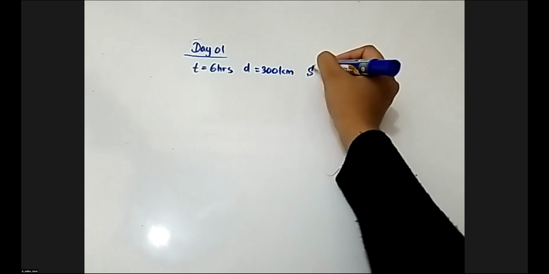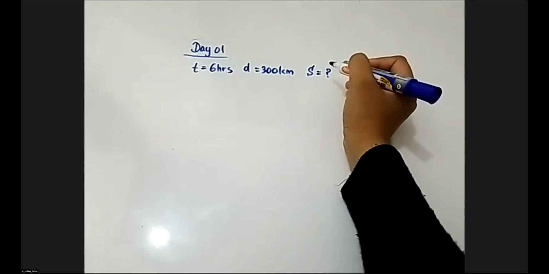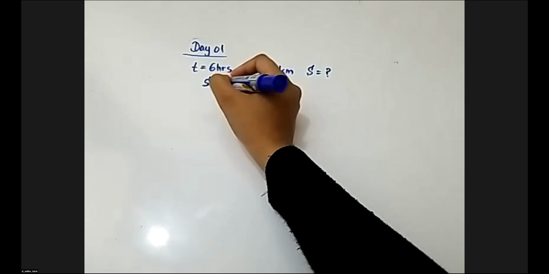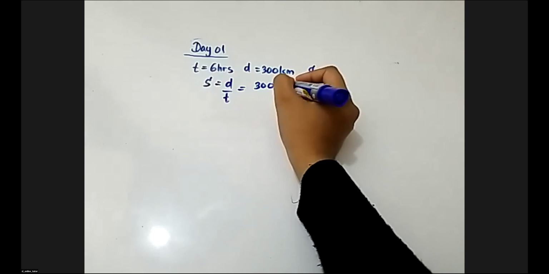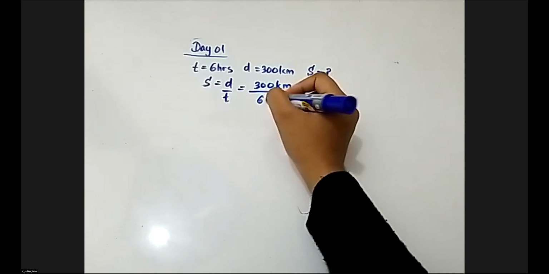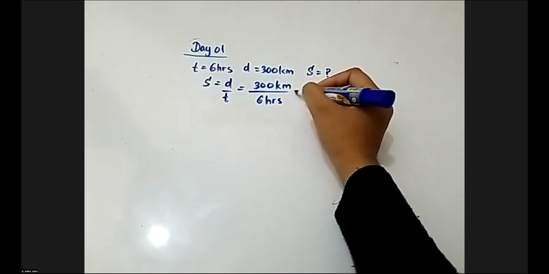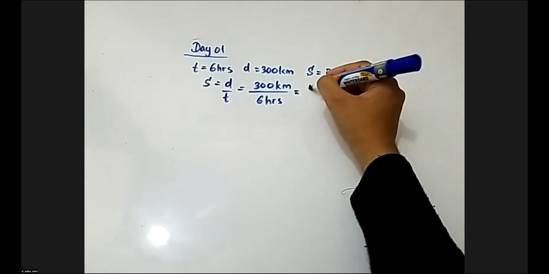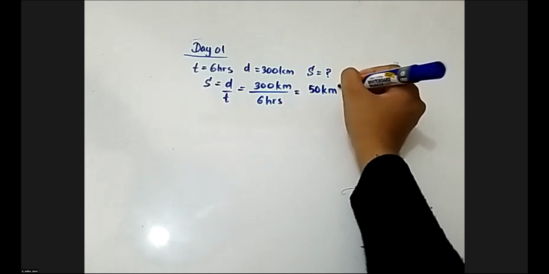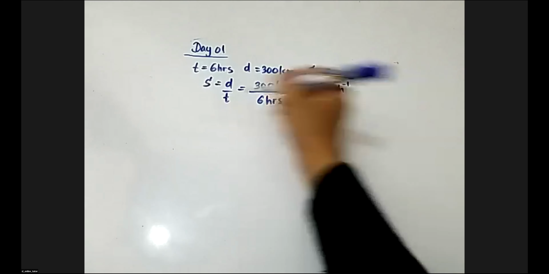Speed unknown. So first of all, I'll find that one. Speed equal distance over time. 300 kilometers divided by 6 hours. I don't want to convert anything. I can get the answer in kilometers per hour. 300 divided by 6 means you are getting 50 kilometers per hour. This is the first day speed.